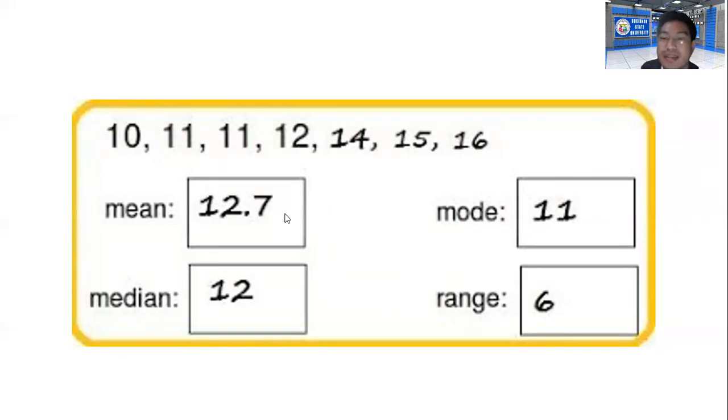When you say median, you arrange the scores from highest to lowest or lowest to highest, like this one is arranged already. And then you look at the middle. So the middle is this one, 12. So this is the median. The mode is the number that appears most frequently. So here we can say that 11 appeared twice, so it's the mode because others appeared once only. The range will be discussed later.